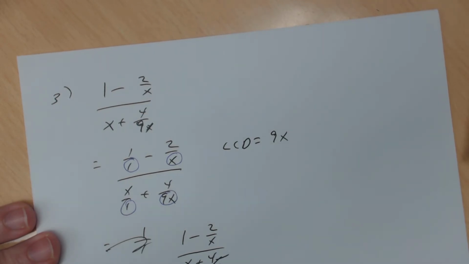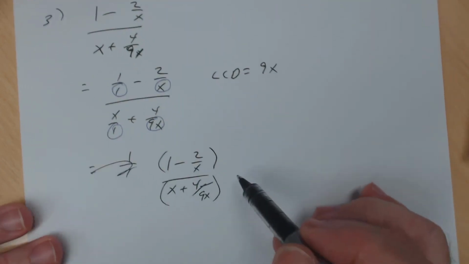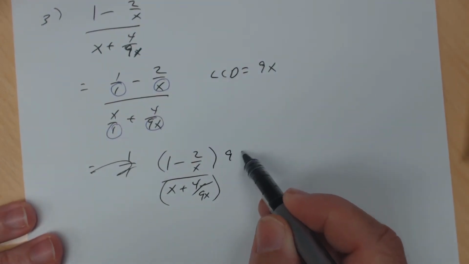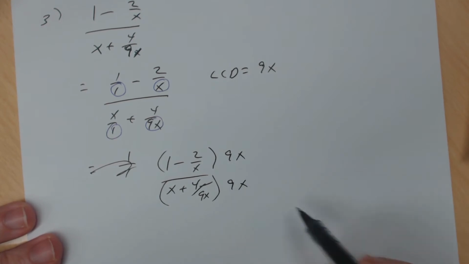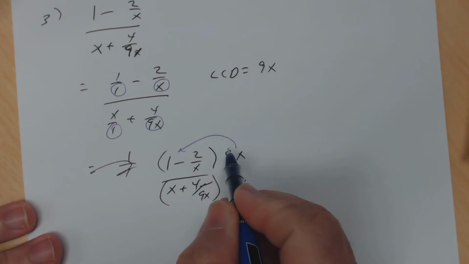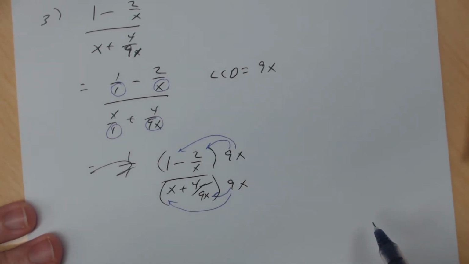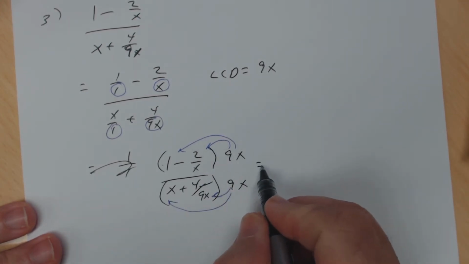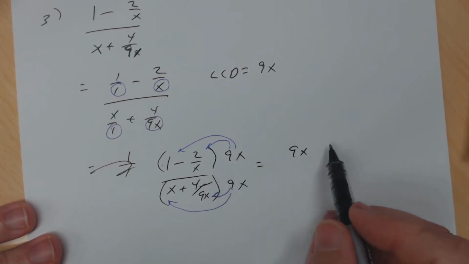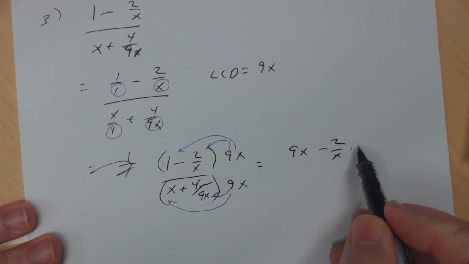Okay, now the next thing is to multiply both the numerator and the denominator by the LCD 9x. Okay, both of them. And now you're going to distribute. So here we go. 9x times 1 is 9x minus 2 over x times 9x.